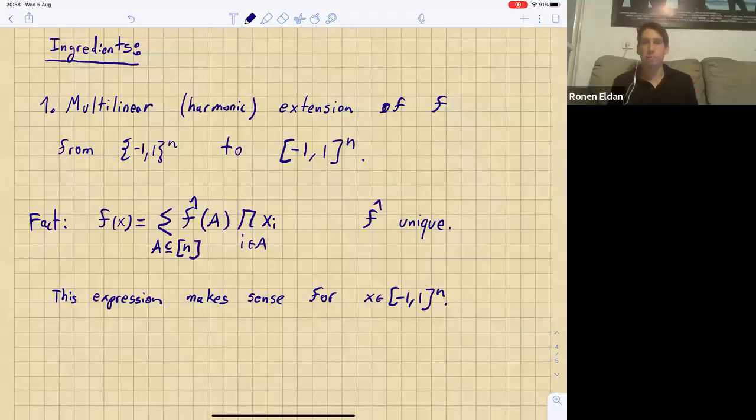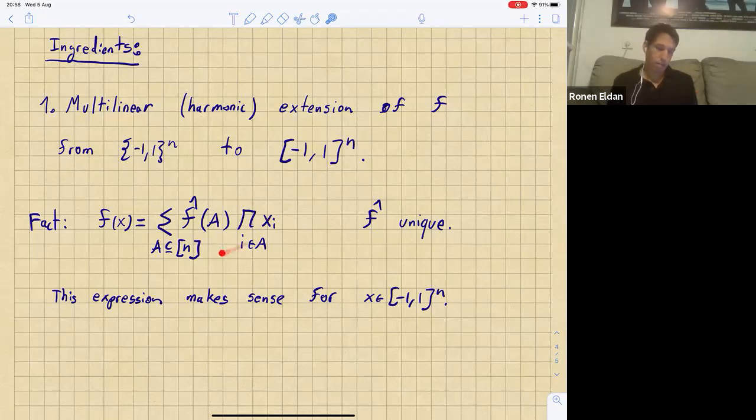And by abuse of notation, from now on when we write f, f can refer to both the function defined here or here. They coincide on the discrete hypercube, so it doesn't matter so much.